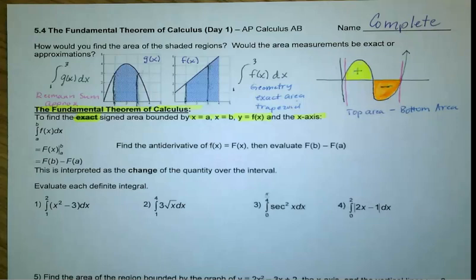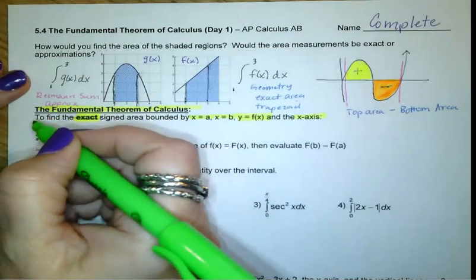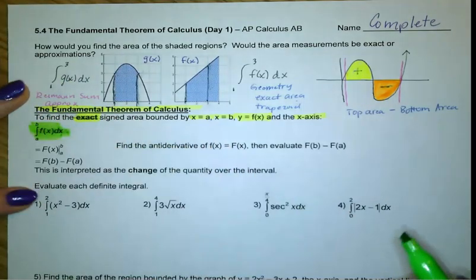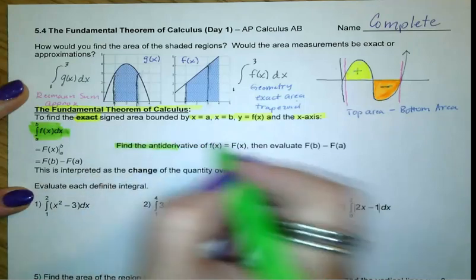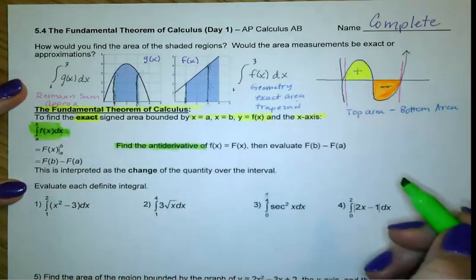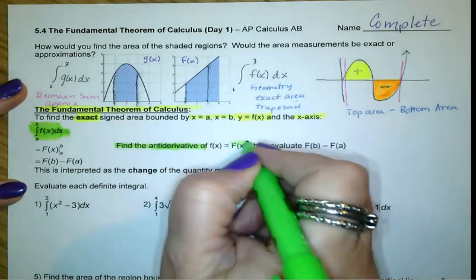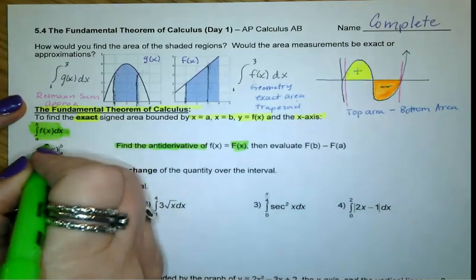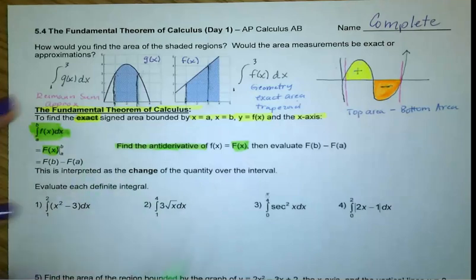So with the fundamental theorem, there's basically three processes. One, you have the definite integral that you're finding the area of. And to do that, you're going to find the antiderivative. So remember, antiderivative is the large F. So when you see this, that's the large F. And then once we do that, that's this part right here.